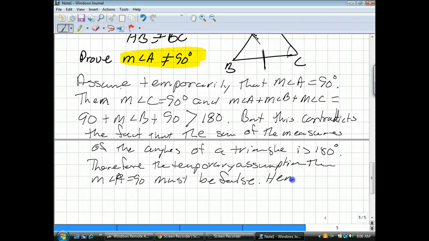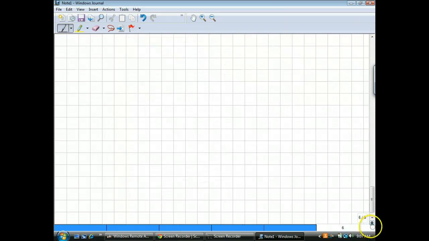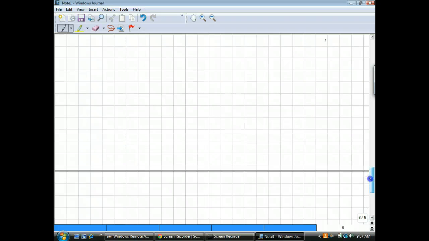Hence, it follows that measure of angle A is not equal to 90. All right, let's do just one more, okay?